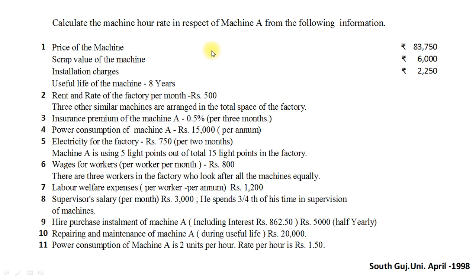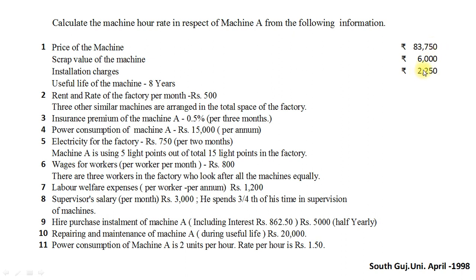In the same line, we will calculate depreciation of the machine. Here our price of machine is 83,750. Installation charges 2,250. So our cost price of machine would be rupees 86,000.